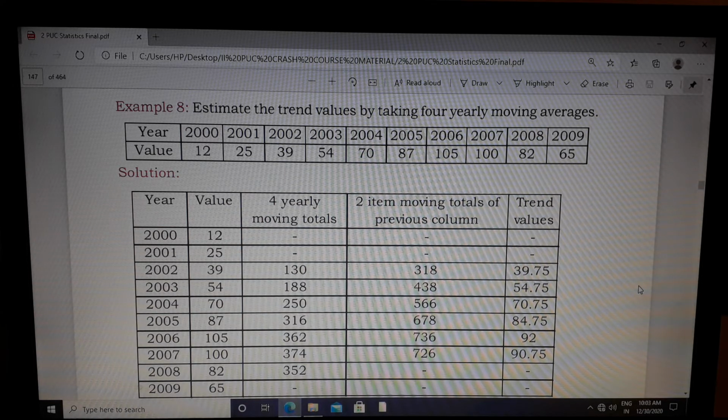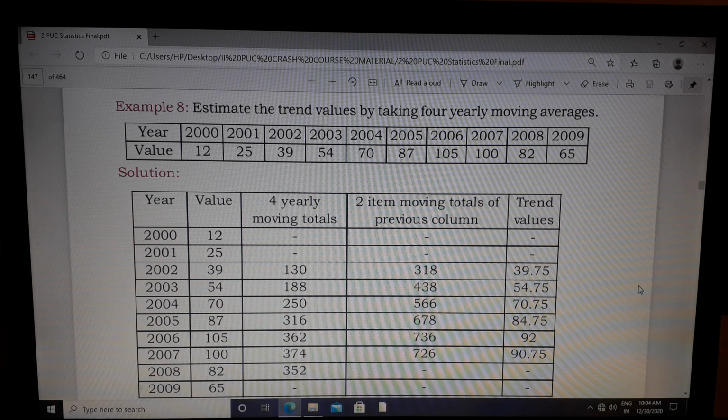But in your textbook it cannot be shown, because the copy paste has been done from Excel in your textbook. That's the reason they couldn't show the value 130 in between 2001 and 2002. So for that reason they have directly given it at 2002.